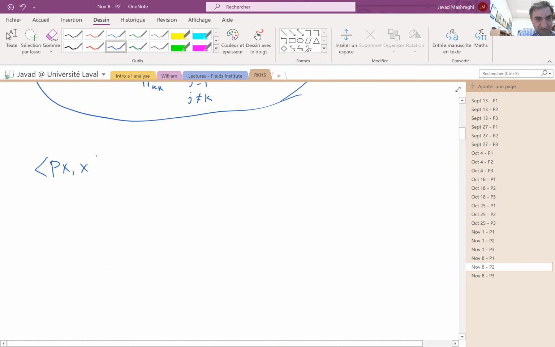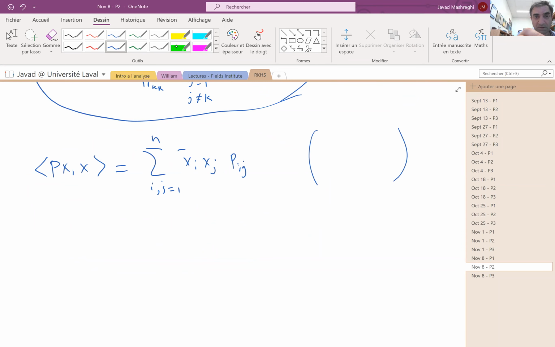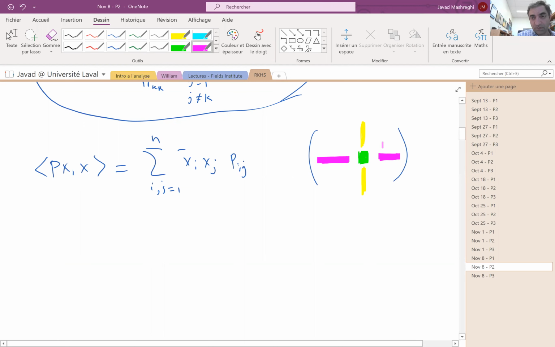Px and x, as we saw, is the sum ij from 1 to n, xi bar xj pij, and then we divide it into 4 groups. One group is just one element pkk. Another one, the ones which are above it or below it. Yet another group on the same row, and the rest.